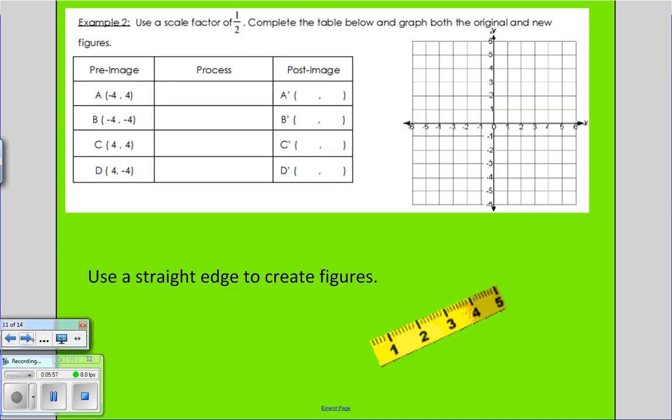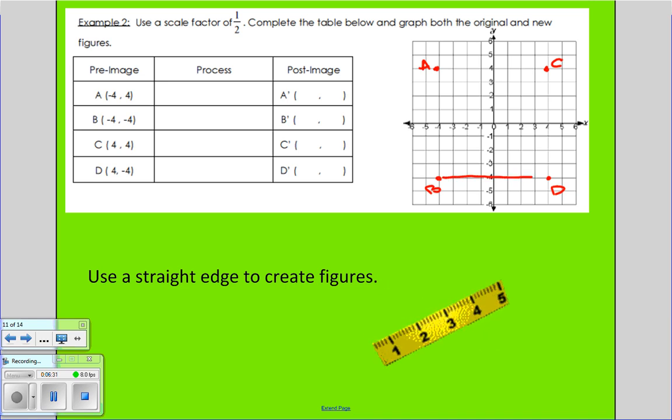Okay, a scale factor of 1/2. So we're going to take everything multiplied times 1/2. For our original image, we're at -4, 4 for letter A, -4, -4 for letter B, 4, 4 for letter C, and 4, -4 for letter D. So here's our original.